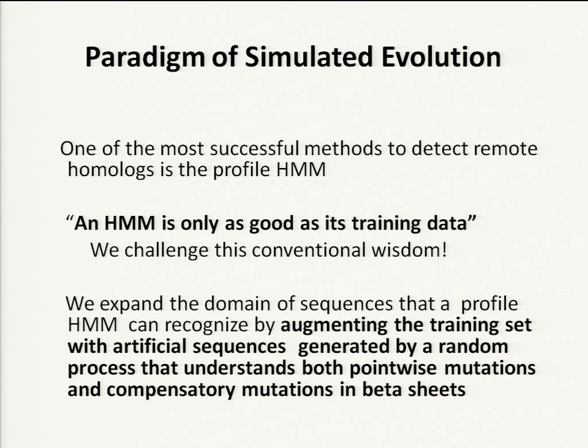What we are going to do is improve HMMs by incorporating a random process, using first a simple model, and second a model which understands beta strands.